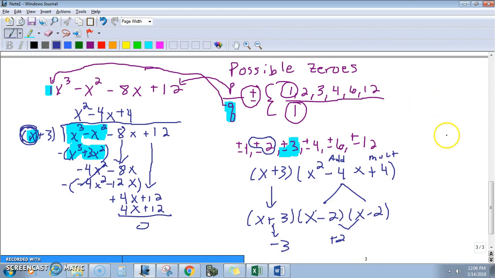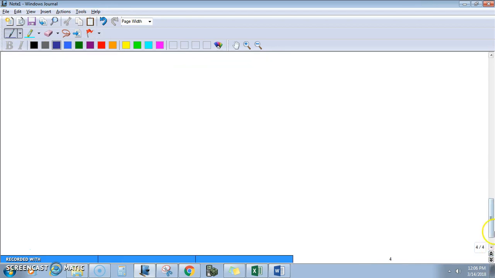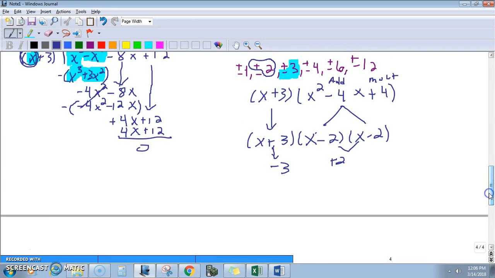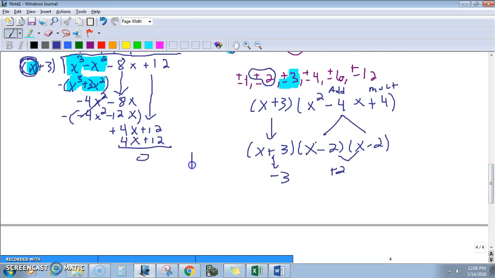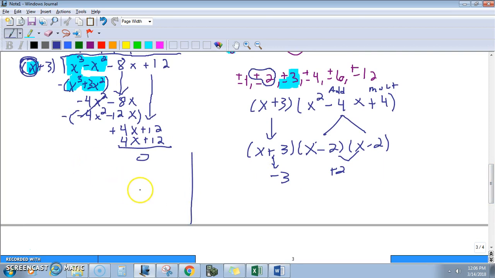What that ends up looking like is, let's see, I can give myself some more room here. What that ends up looking like if we were going to graph this is, I know my y-intercept is 12 from the original equation, and I know my zeros are negative 3 and positive 2.